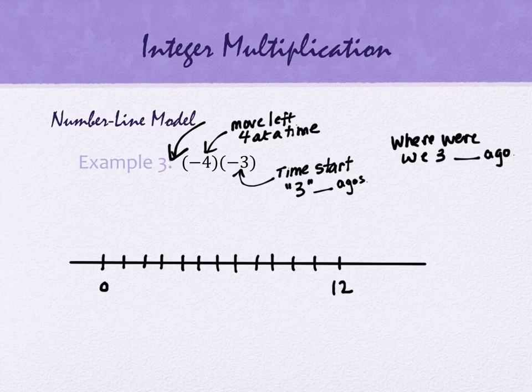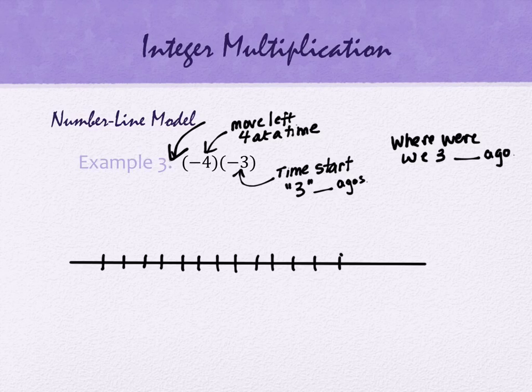I'll give you a word problem kind of visual for this as soon as we're done with this example. But the idea is that if I didn't have these numbers on the number line, let me just erase them, okay? I'm supposed to be jumping 4 at a time left, and I'm doing it 3 times.